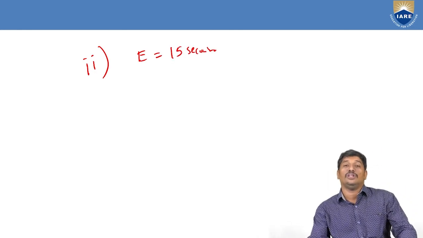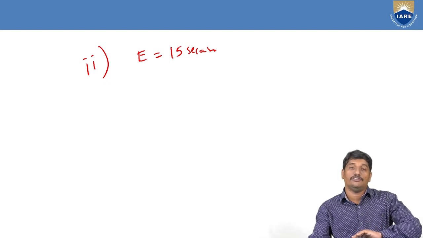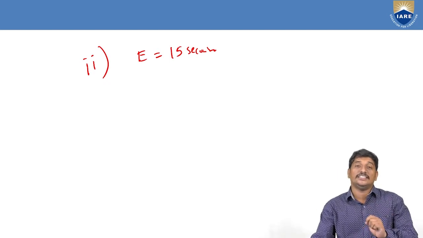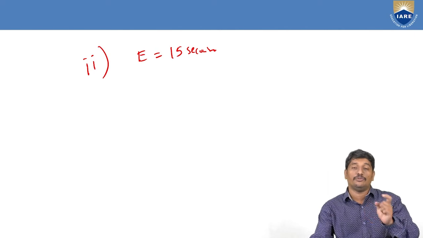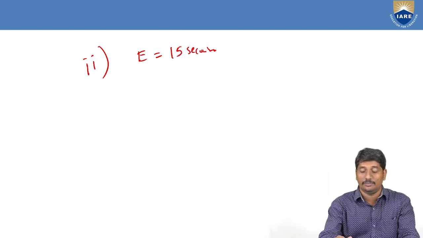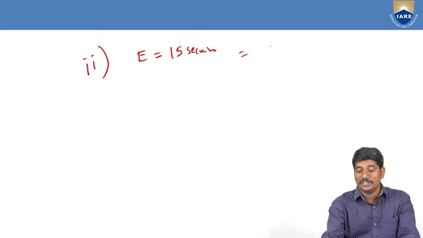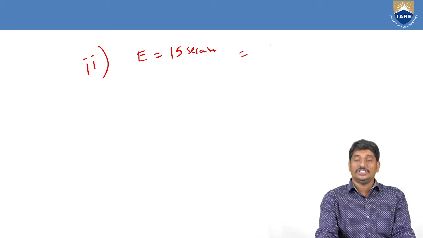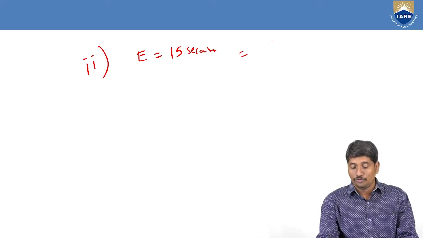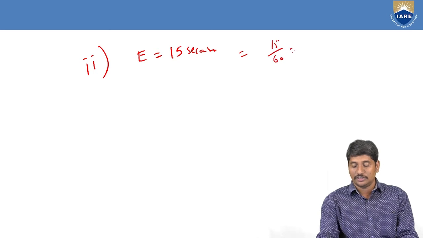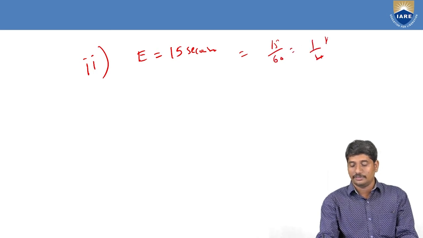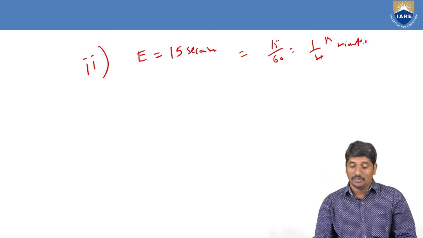I told you error is the difference between the estimated value and the population value. He is saying that the difference is 15 seconds. 15 seconds: 1 minute is equal to 60 seconds, so 15 by 60 is equal to 1 by 4th minute.